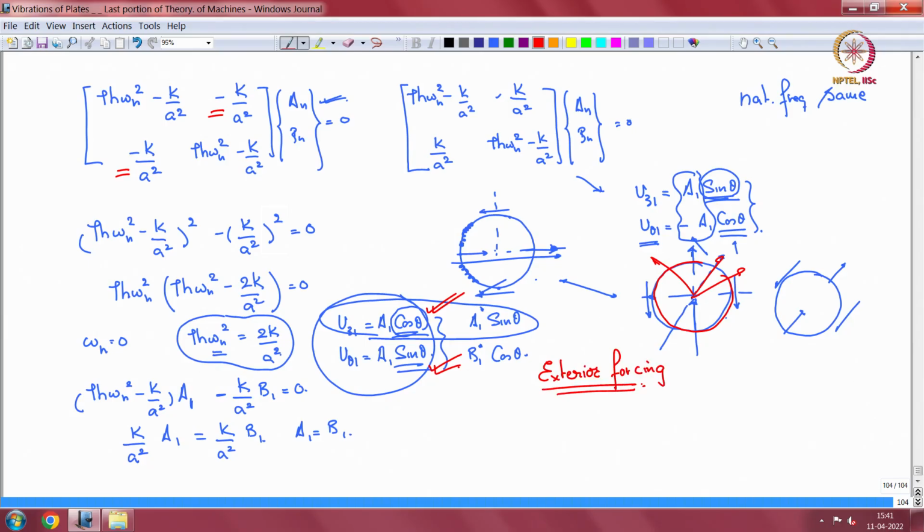What fraction of cos theta will be taken, what fraction of sin theta will be taken in u3, and then how it will be oriented, whether n3 for example will orient like this or like this, that is completely decided by the exterior force. So I want to mention this right in the beginning. We will see this when we come to forced response.